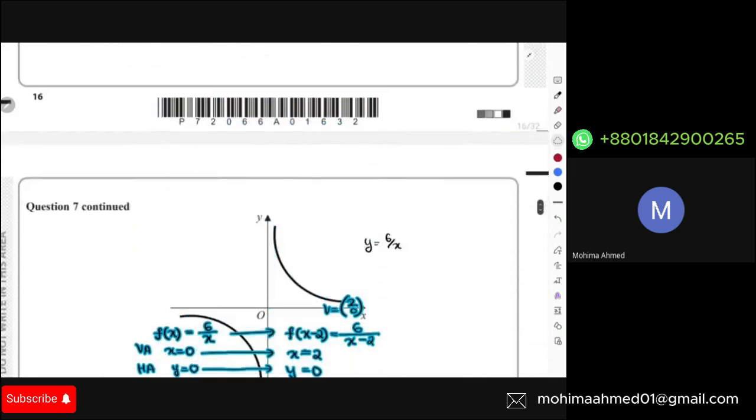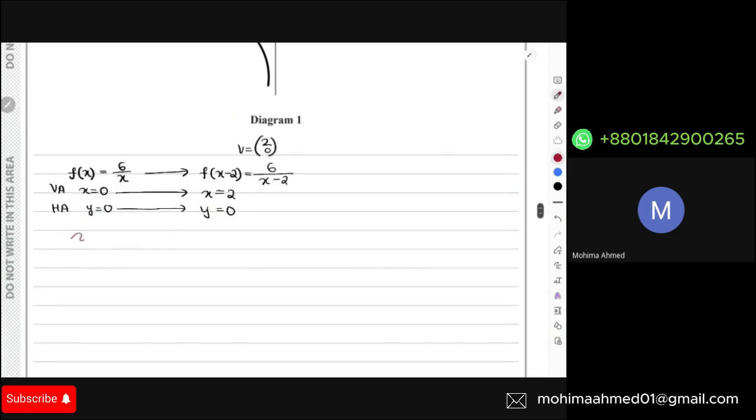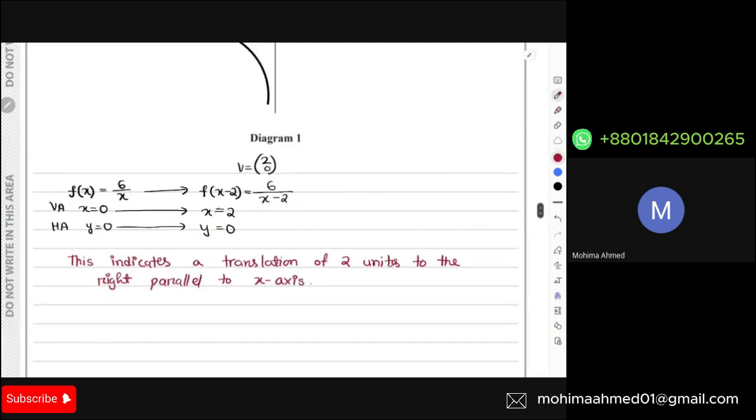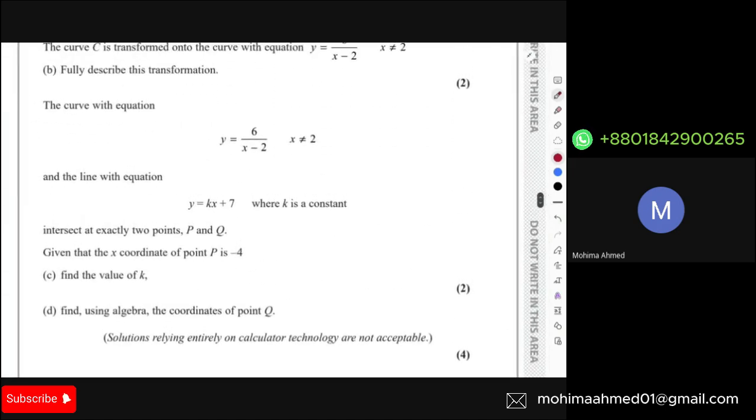But the actual words that you have to say is that this indicates a translation of 2 units to the right, parallel to your x-axis.